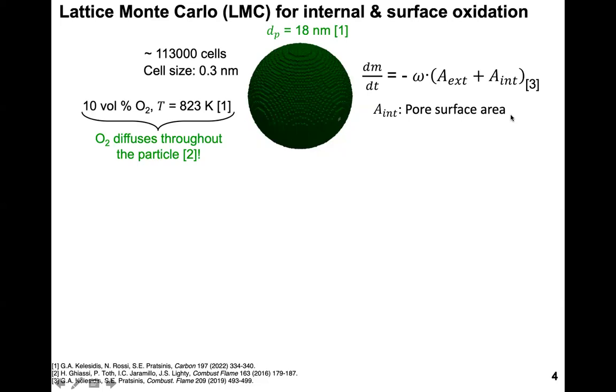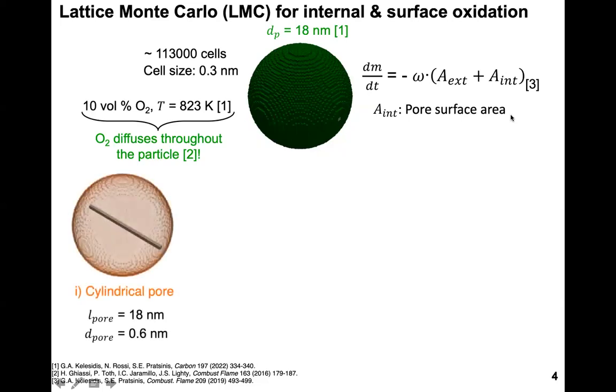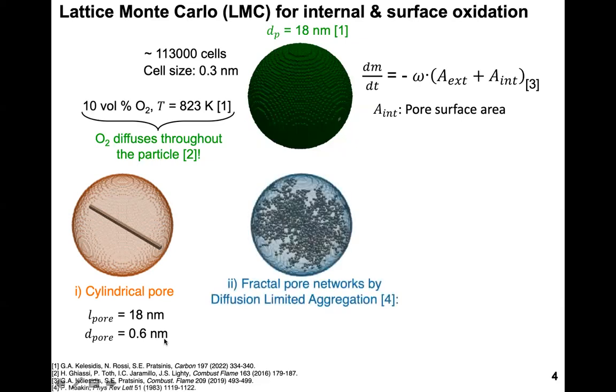So for simplicity, we considered first a particle that contains only a single cylindrical pore having 18 nanometers length and 0.6 nanometers diameter. We also used here a realistic fractal pore network that we generated using the standard diffusion-limited aggregation algorithm.